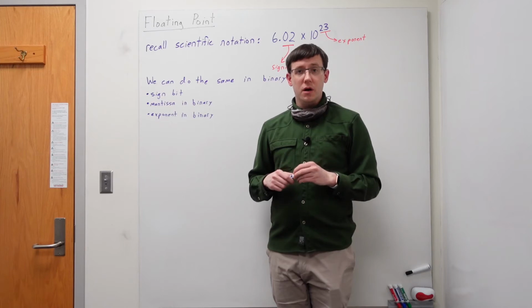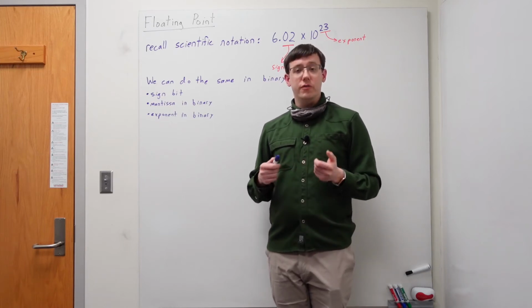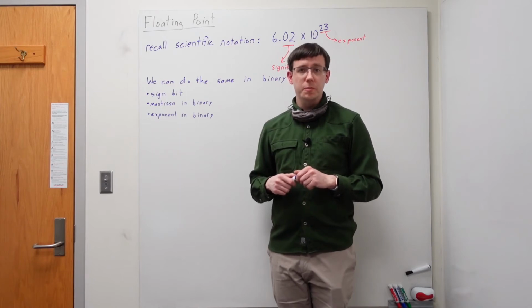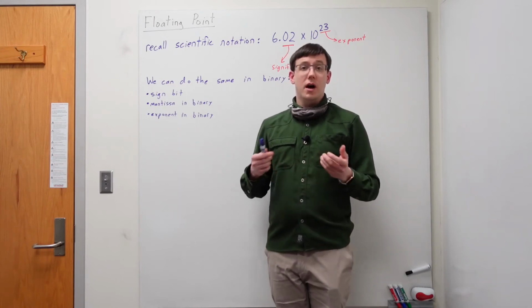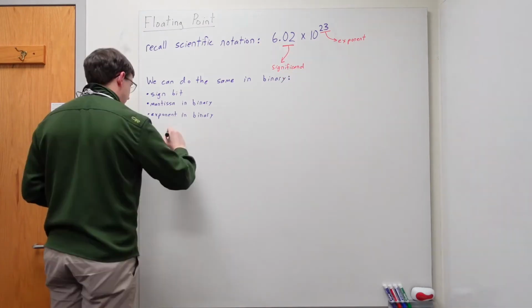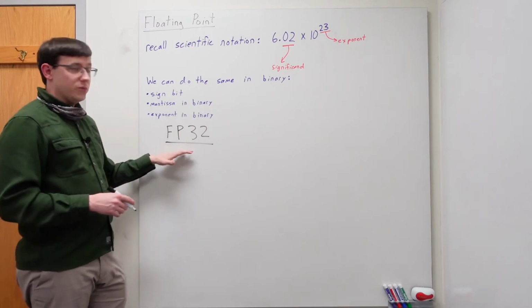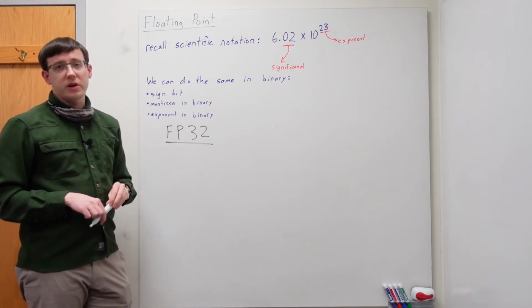Most common are 32 bits for a C float, or 64 bits for a C double, but there are certainly examples where other sizes are used, such as 16-bit floats in graphics. But I will illustrate these concepts in terms of the 32-bit floating point standard.